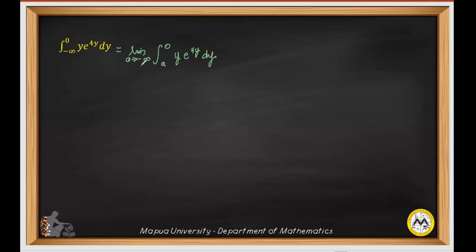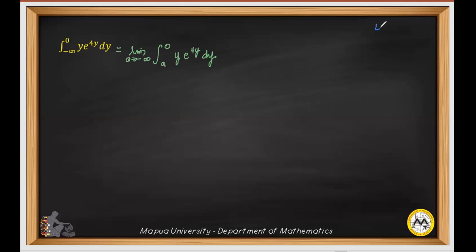Of course, before evaluating the limit, we need to evaluate the integral of y e raised to 4y dy from a to 0. And we can evaluate the integral by parts. Okay, now since we have algebraic and exponential in the integrand, we can follow the acronym LIATE.